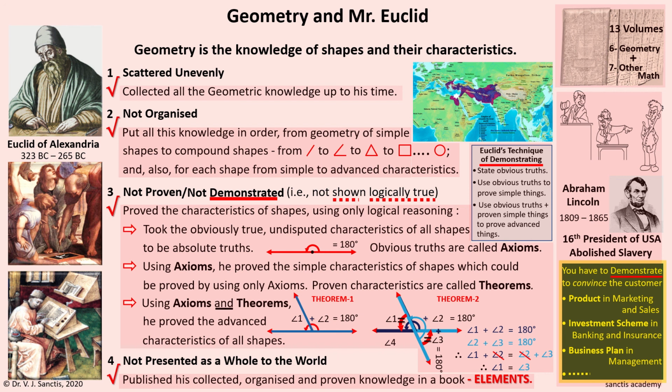Hence, because of Euclid, the very definition of geometry got upgraded from geometry is the knowledge of shapes and their characteristics to geometry is the body of knowledge of shapes and their characteristics. And for doing this, the world honors Euclid with the title the father of geometry.